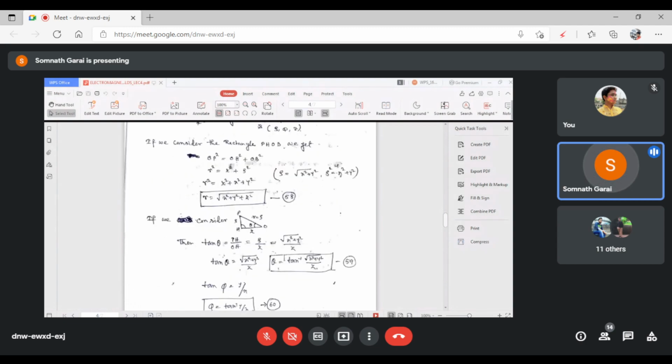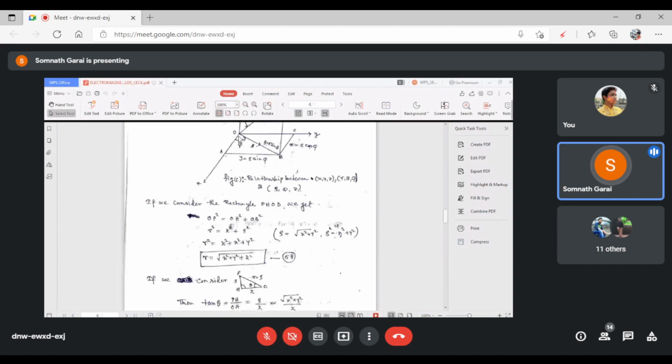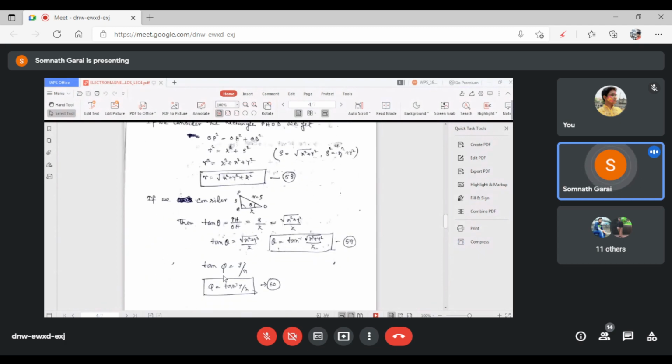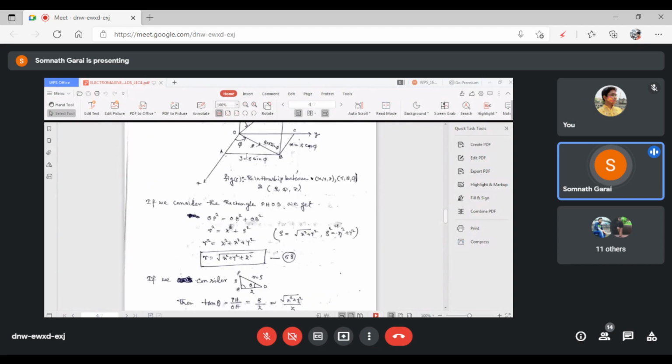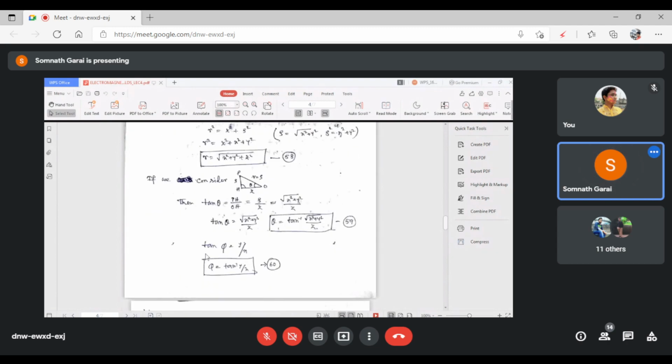Okay. Now, if we consider again this triangle OAB, and this angle will be 90 degrees, right? Then tan phi will be y by x, because this is y, this is x. So phi will be tan inverse of y by x.